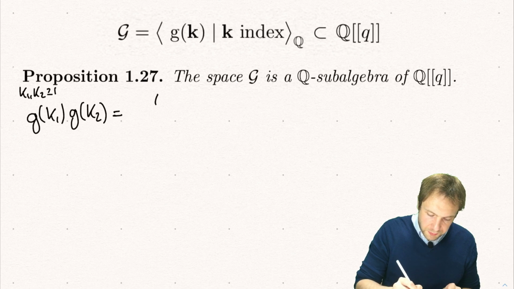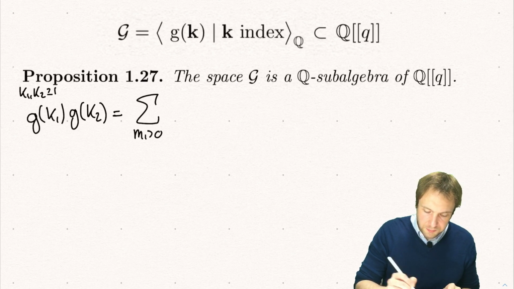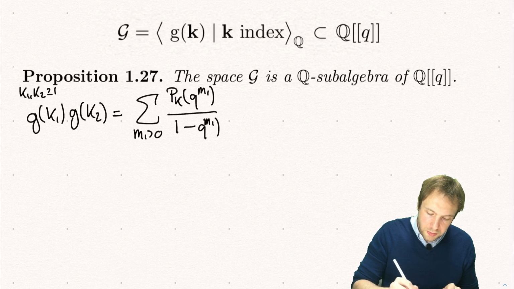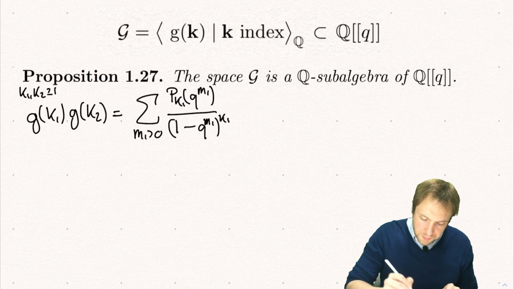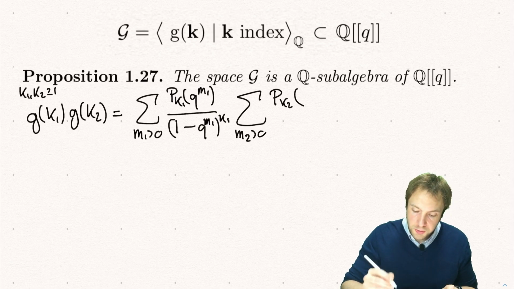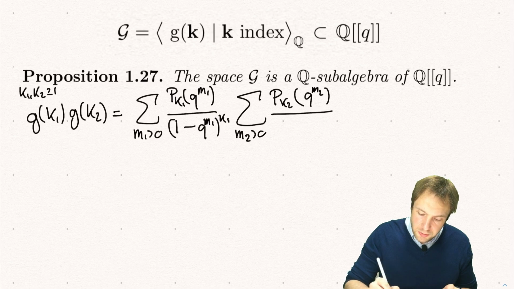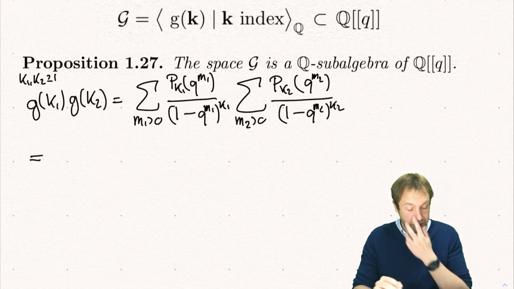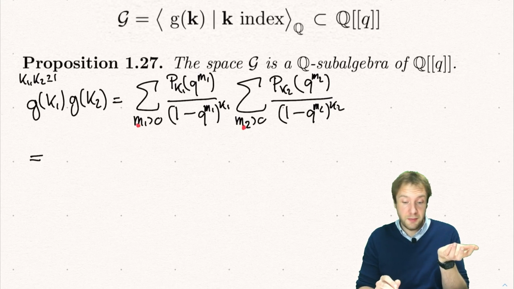By definition, I take the sum of the Eulerian polynomial A_k1 at q to the m1 divided by (1 minus q to the m1) to the power k1, times the sum over m2 of the Eulerian polynomial A_k2 evaluated at q to the m2, divided by (1 minus q to the m2) to the k2. And now the usual game, we just consider the three cases: m1 is greater than m2, m2 is greater than m1, and they are the same.